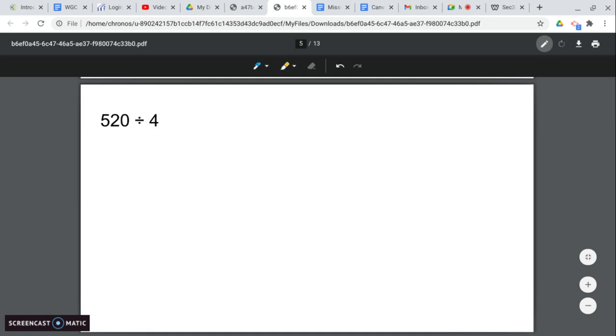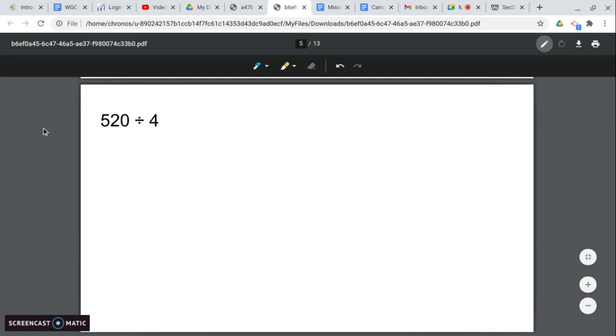It will work out. We can also change this to a number that is more recognizably divisible by 4. But like I said, in this case, it does work out.